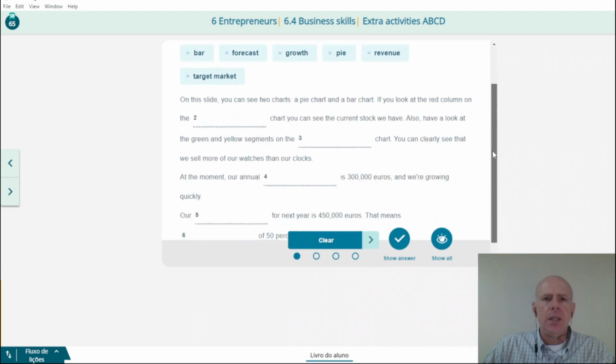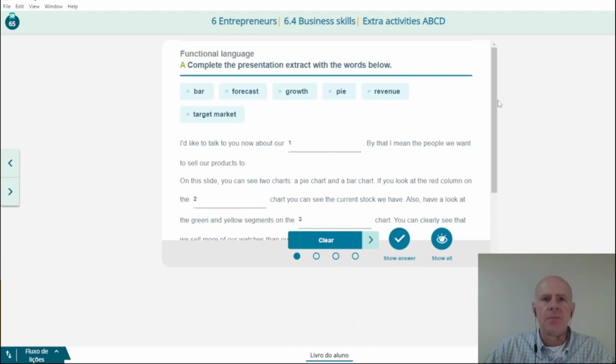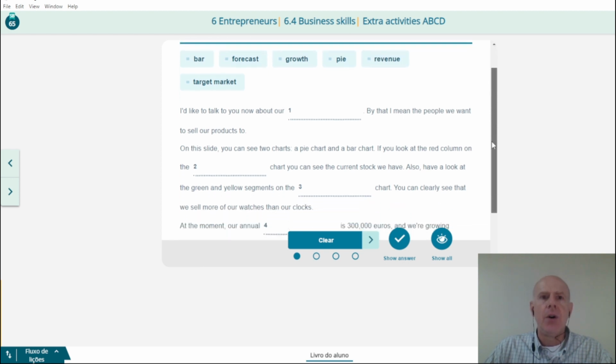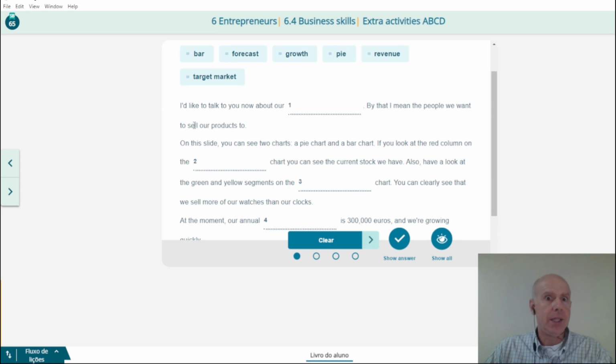Look here, we have this presentation here, and we have these words: bar, forecast, growth, by revenue, and target market. These are important words and phrases related to the functional language on presenting facts and figures, so it's very good practice on the topic. Let's take a look at it.